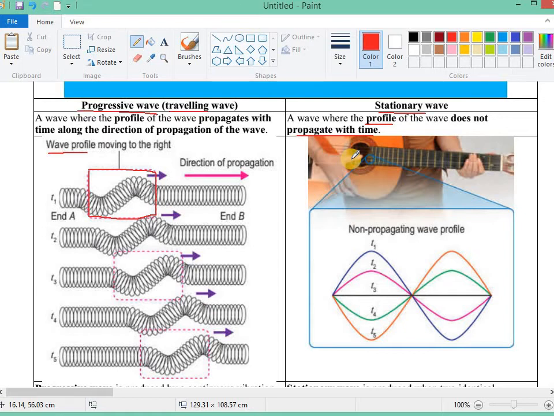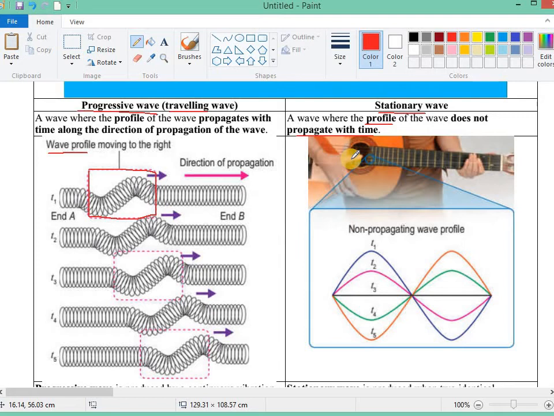But you don't see the wave profile traveling along the guitar string, right? The guitar string just oscillates in place. So the wave profile doesn't travel. The wave that you have in the guitar string is what we call a stationary wave.